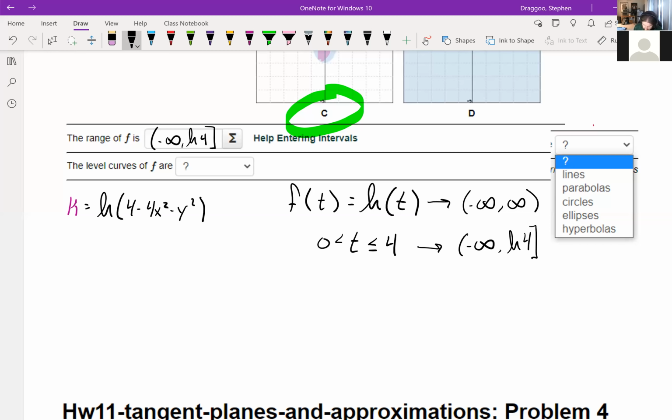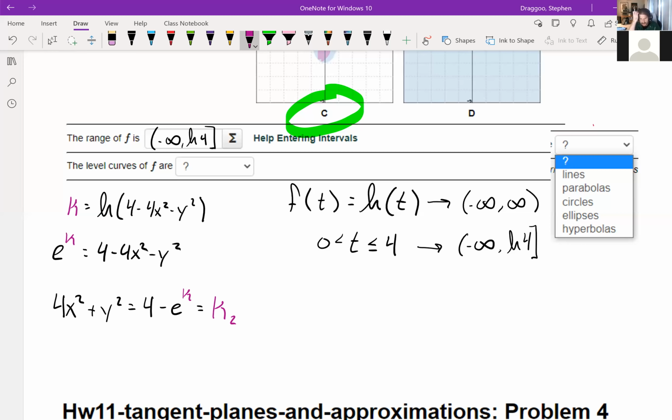So I'm going to solve this thing for x and y, which means I've got e to the k is equal to 4 minus 4x squared minus y squared. If I rearrange this thing, it should hopefully look like 4x squared plus y squared equals 4 minus e to the k, which is really just some constant number. Call it k2.